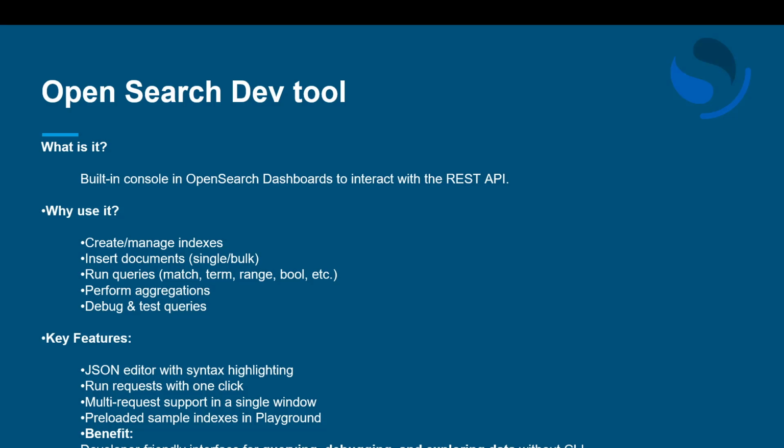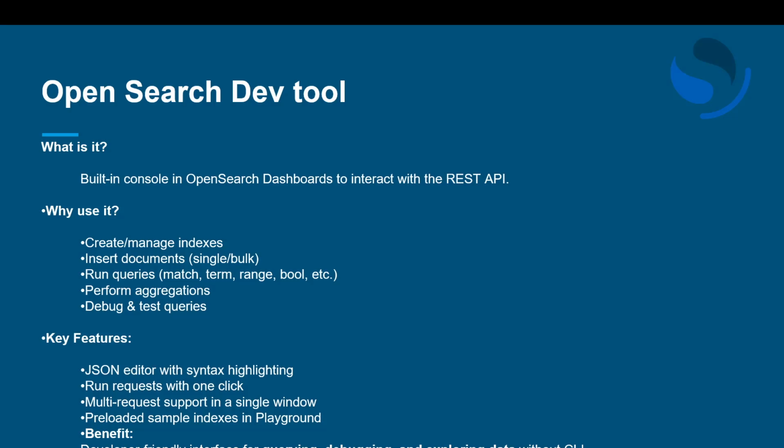Here for sampling, we are going to use some pre-loaded sample indexes provided by the OpenSearch Playground, wherein we will look at how we can ingest the data, how we can create the index, how we can insert a single document, or how we can insert bulk data.